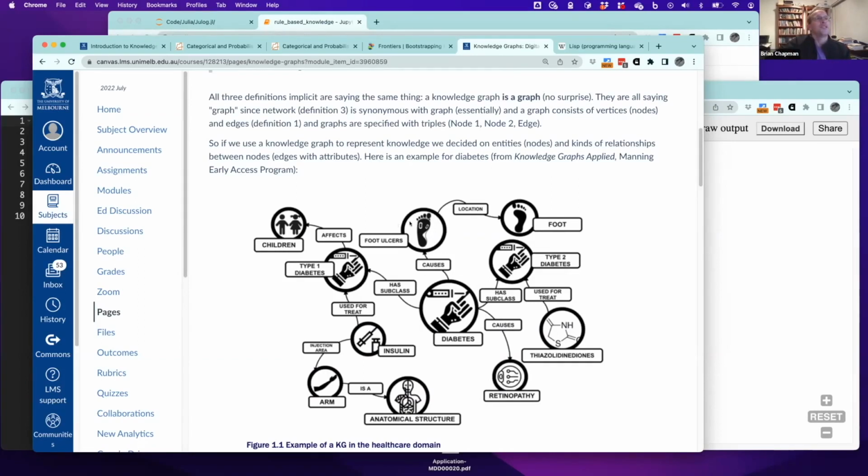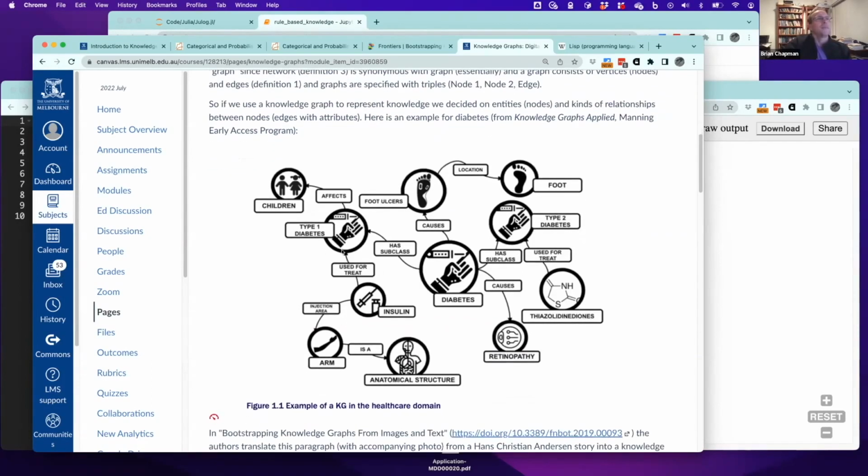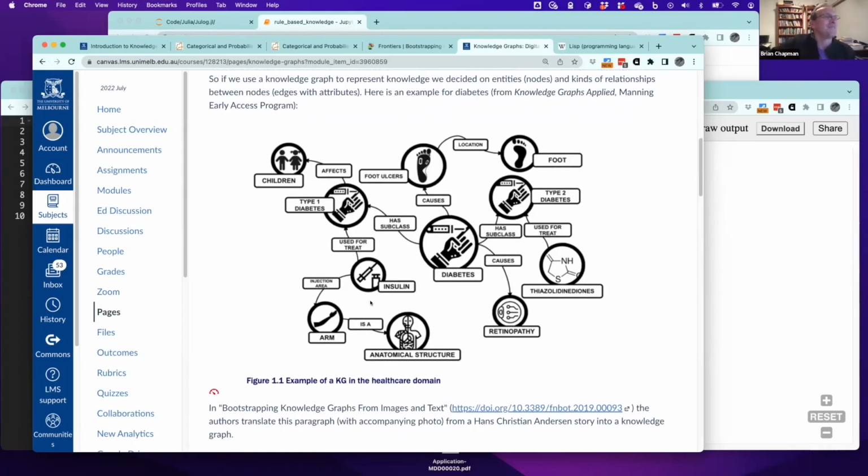You have foot ulcers, and then you have a concept of foot, and the relationship between foot ulcers and foot is location. And insulin is a concept, then we have arm, and the relation there, they're saying, is an injection area. I'm not particularly impressed with this knowledge graph, but anyway.